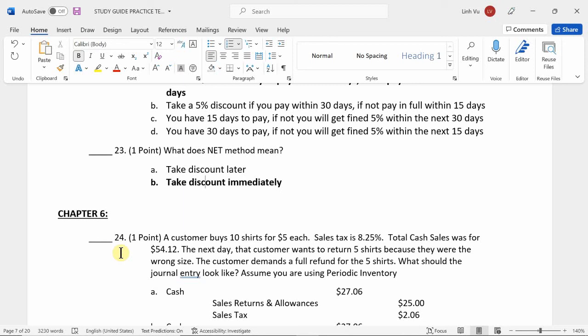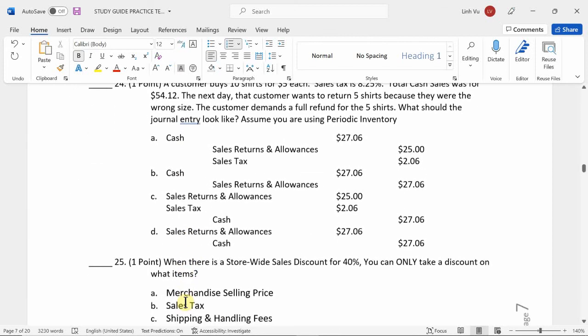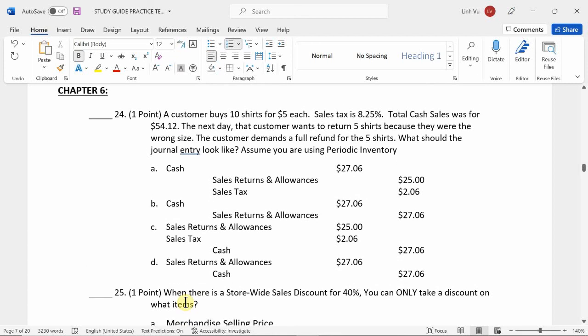What should the journal entry look like? Assume you are using periodic inventory. So what is the journal going to look like if you are returning something? If the customer is trying to return something for a full refund.